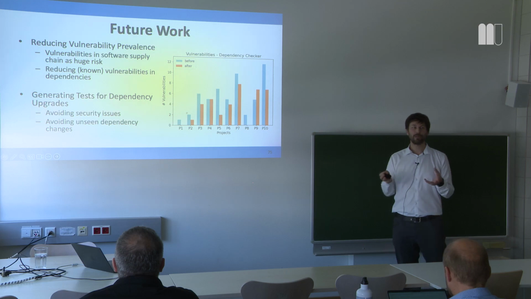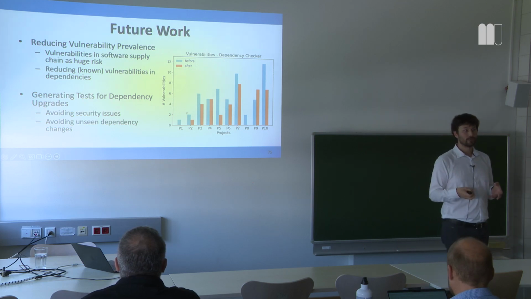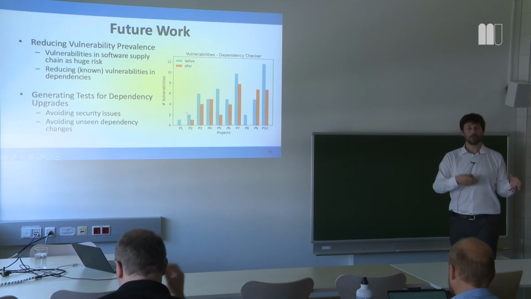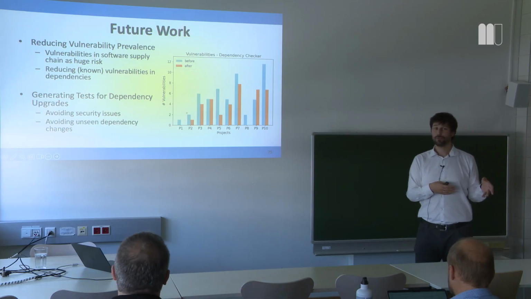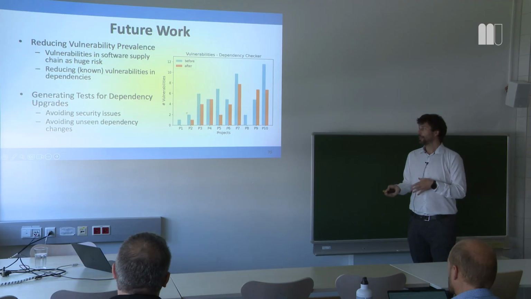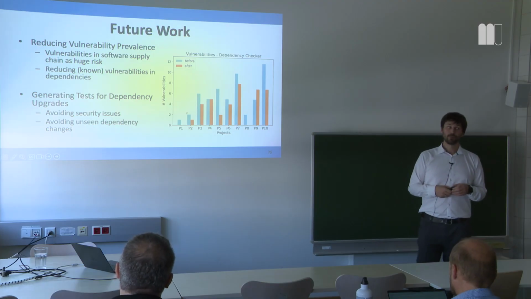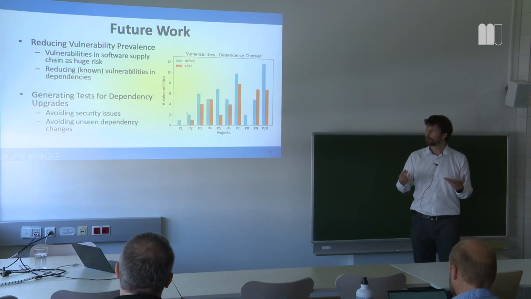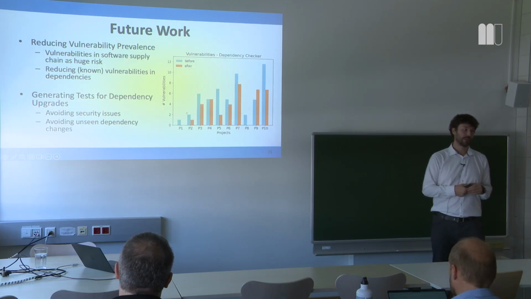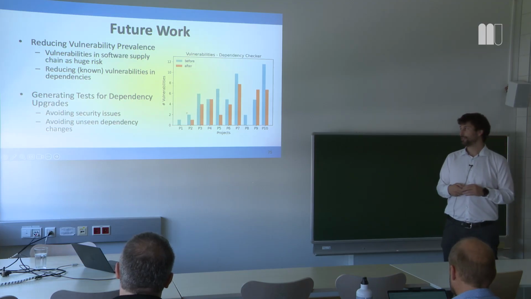So when you change your dependency list, what we want to do here is to give you some kind of generated tests that you can use to verify that you didn't ruin anything in your programming code while updating the dependency. Unfortunately, this is still something that developers do not really do, because the argument is that we will find out with the tests that we already have, and they are usually not sufficient to do so.